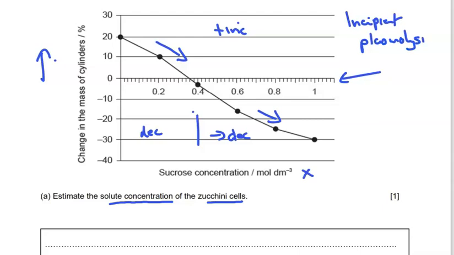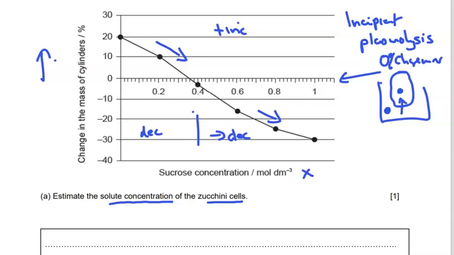At that point, there'll be a 0% change in mass because the cell cytoplasm concentration is the same as the external solution, so the net movement of water in both directions is equal. Incipient plasmolysis, this is called.